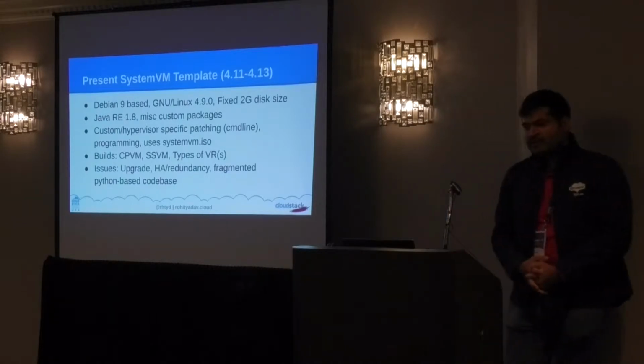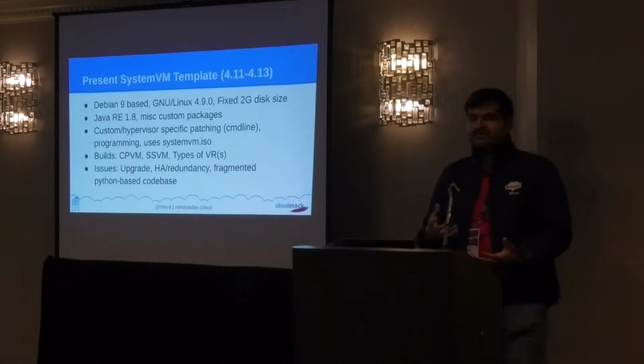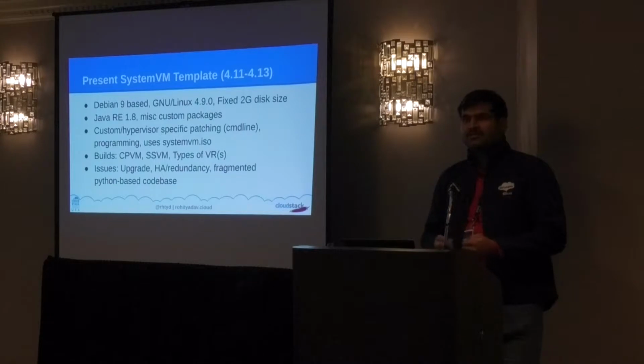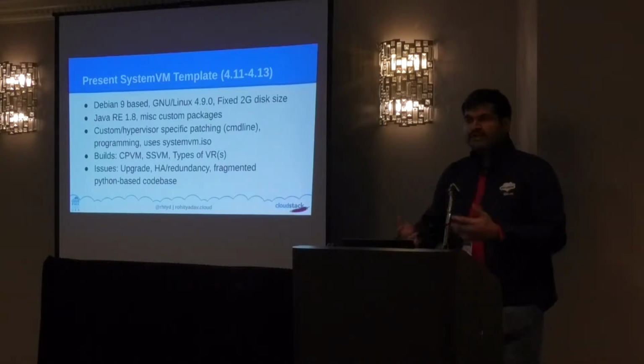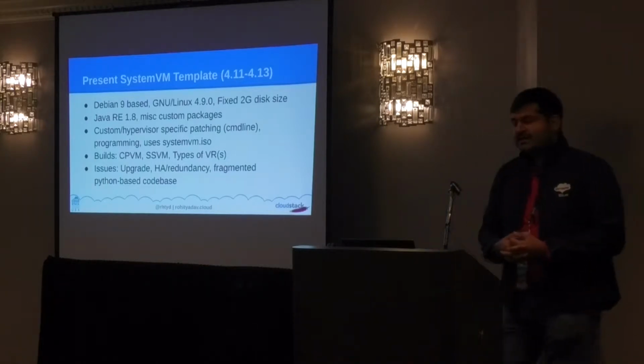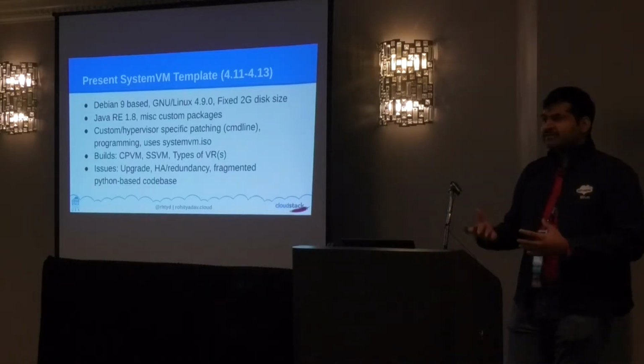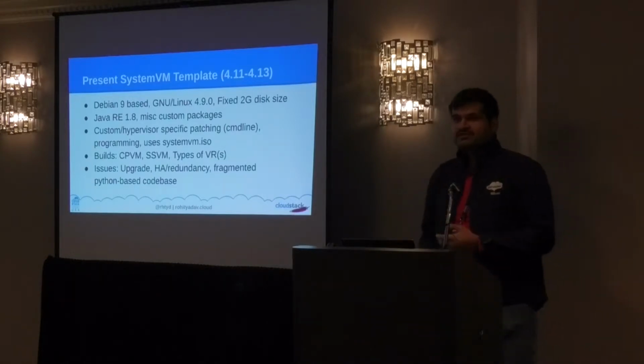And the way we program the systemvm template, we can program it using a couple of methodologies. We use patching. Initial patching is done by passing a string we call a command line through various ways. Different hypervisors use different ways to pass this command line. And then we use a static systemvm.iso file, which may have some payload scripts, jar files and things like that, to patch that systemvm template.